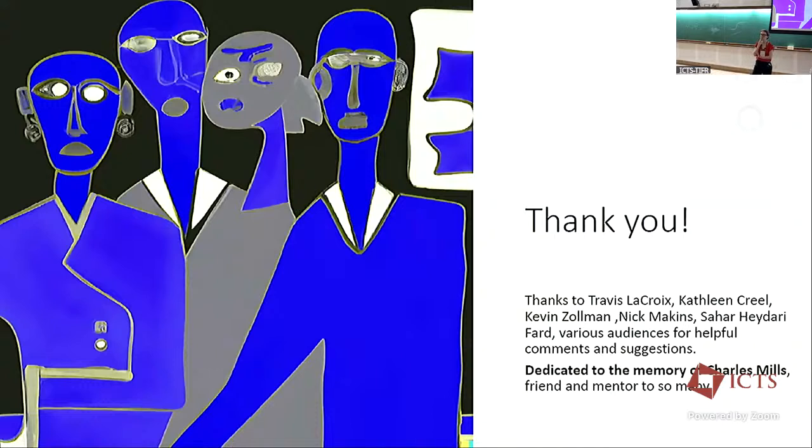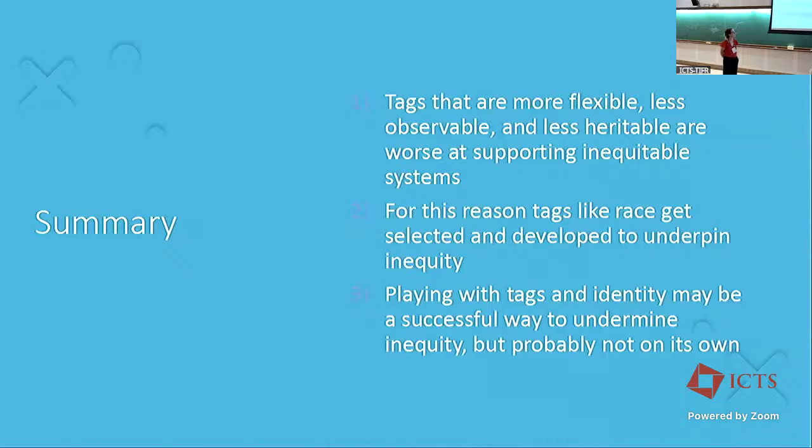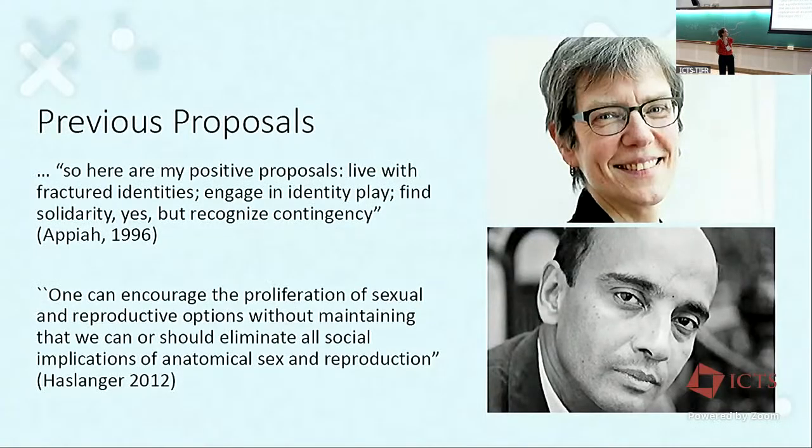In the end, you had these two individuals who had offered possible solutions. And the first one was something like, we can have ethnic identities, but we probably should stick to them less strictly than we currently do.